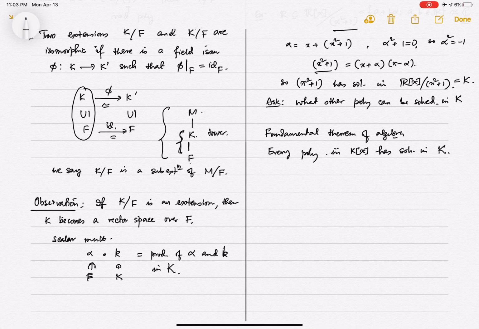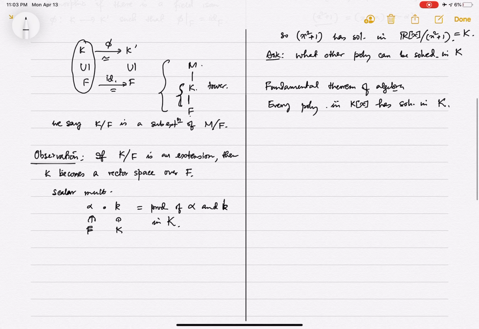So this multiplication makes sense. And then you check that the vector space axioms hold.